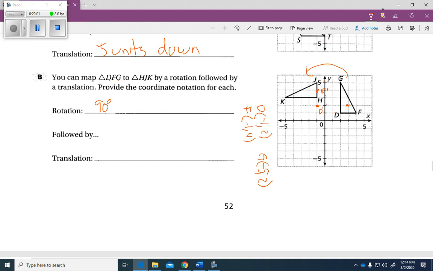And negative 5, 2 would be G prime. If I want this triangle to land on top of HJK, looks like all I have to do is shift it up 1 unit. So I have to translate 1 unit up.